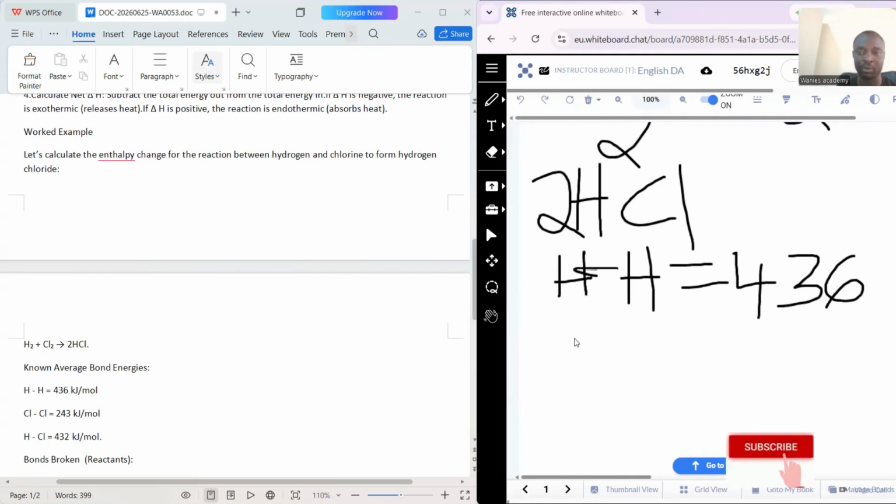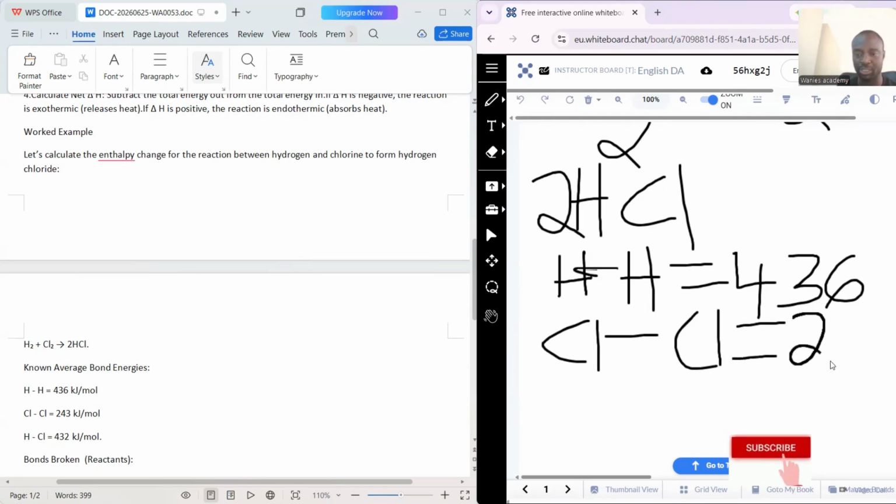For the chlorine molecule, the average bond energy is 243 kilojoule per mole. Then for the hydrogen chloride, right?